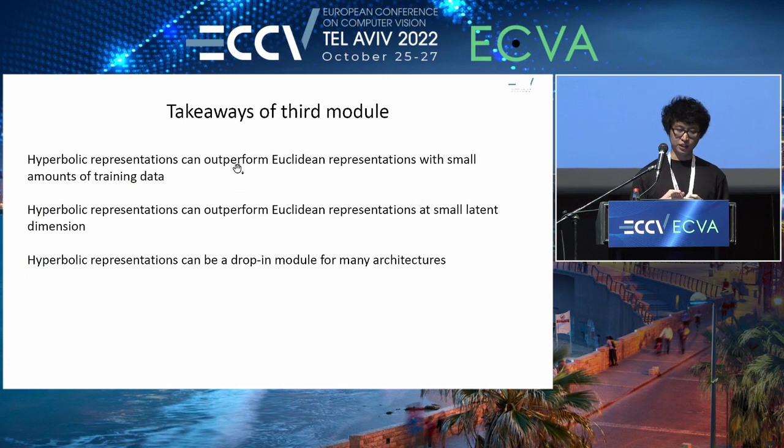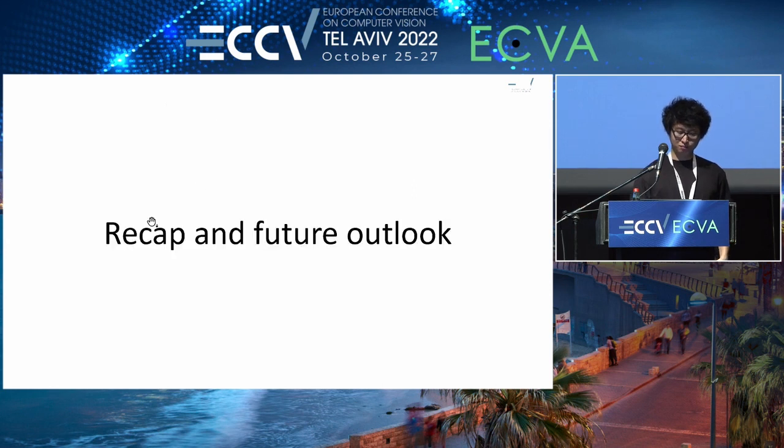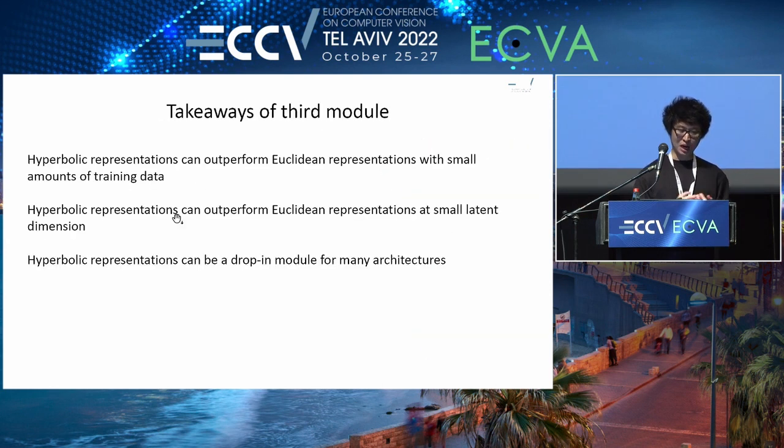And then finally, we can get to takeaways. For example, hyperbolic representations can outperform Euclidean representations with small amounts of data, for example in this unsupervised segmentation case. And hyperbolic representations can outperform Euclidean representations at these small latent dimensions. At larger dimensions, the results are a bit more mixed.